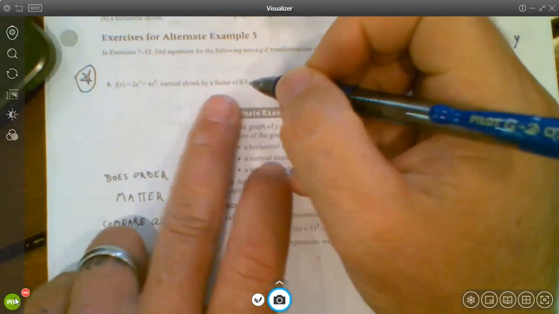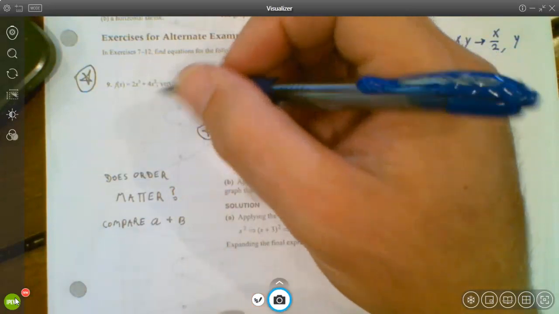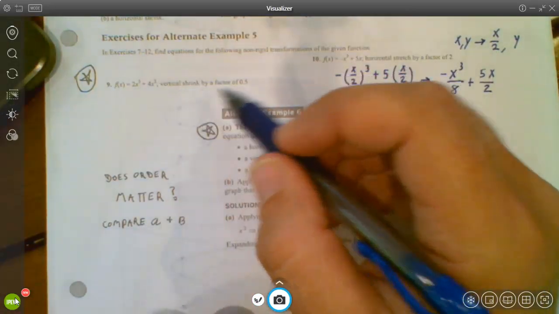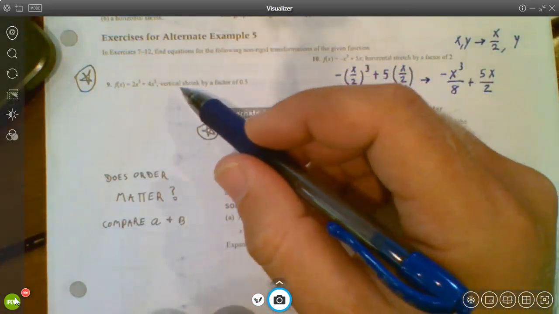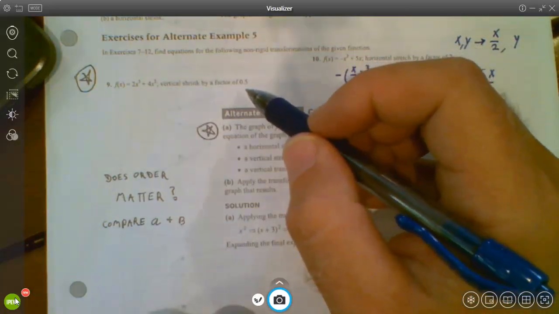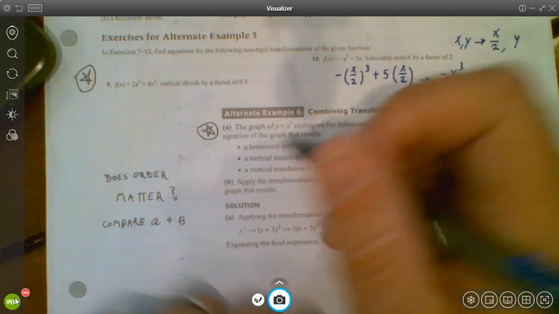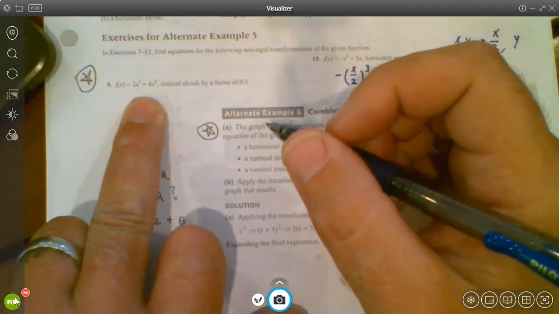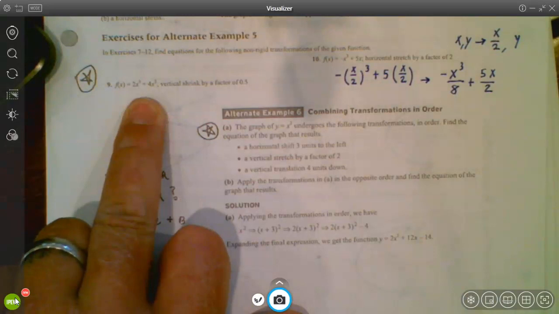Now, vertical shrink by a factor of 0.5. Remember, the vertical stuff tends to be a little simpler because it does exactly what it says it would do. The vertical stuff affects your y values, so I'm simply going to multiply my y's by 0.5. In other words, I'm going to multiply this whole thing by 0.5.